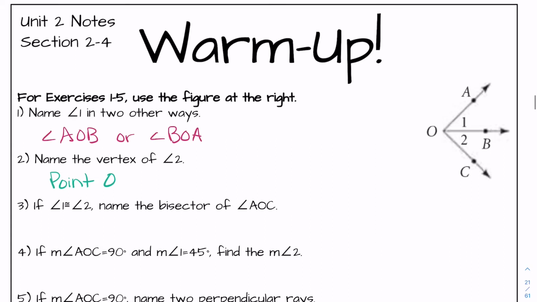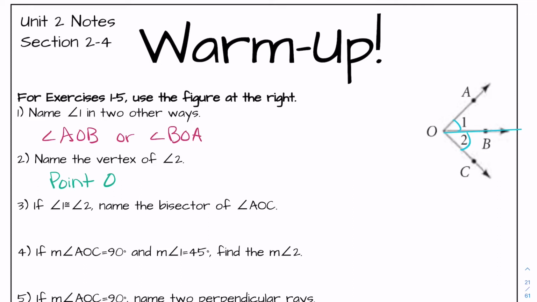All right, if angle 1 is congruent to angle 2, name the bisector of AOC. So if angle 1 and angle 2 are congruent, what does that mean? Well, that means that they are the same measure, which means that this thing right here is bisecting it. And that thing right there is a ray.